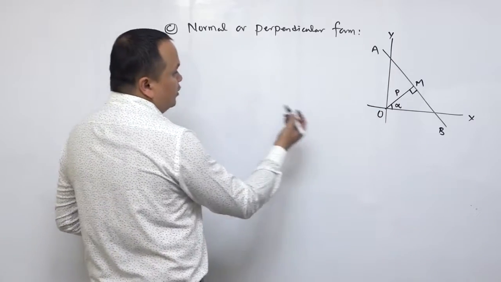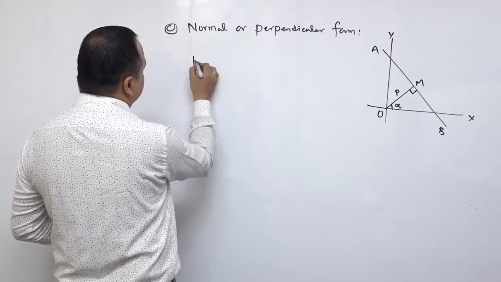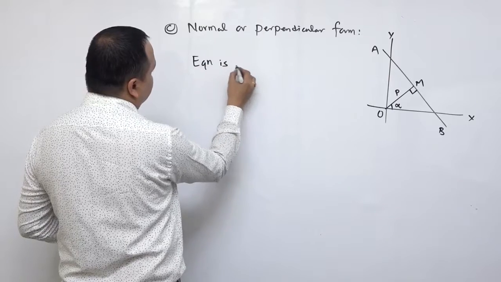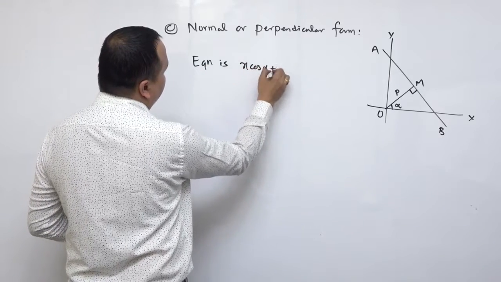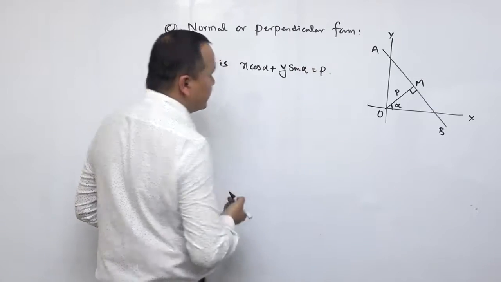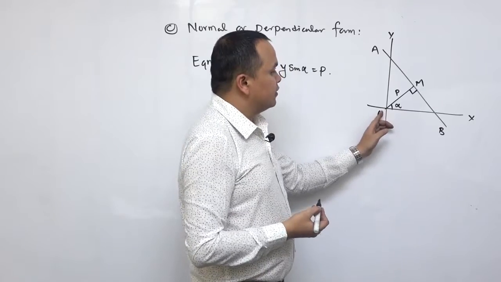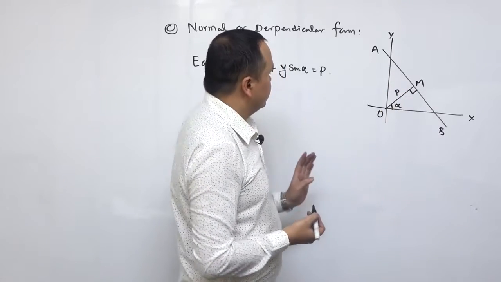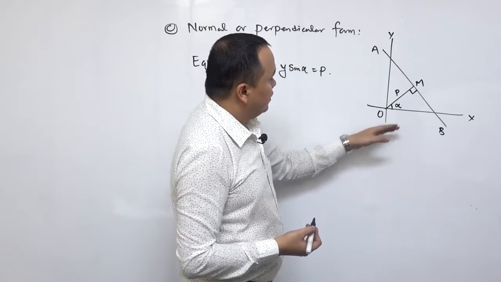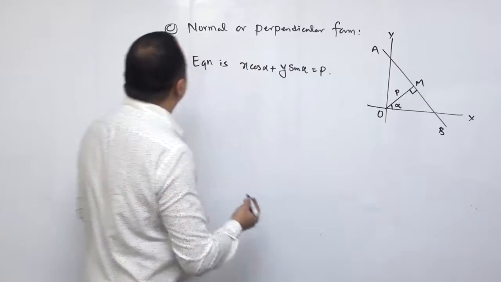Then the equation of AB in normal or perpendicular form is x cos alpha plus y sin alpha is equal to P. Here P is the length of the perpendicular from the origin on the given line AB, and alpha is the angle made by OM with the x-axis.